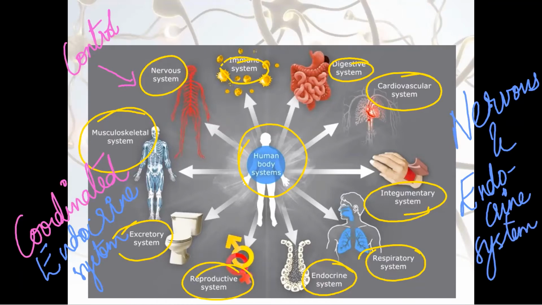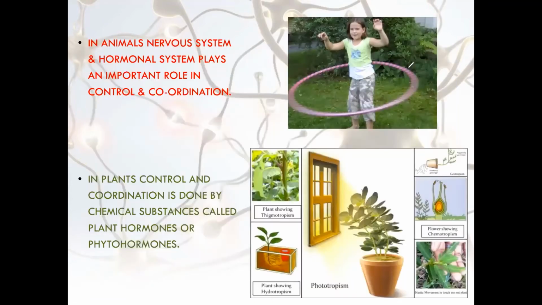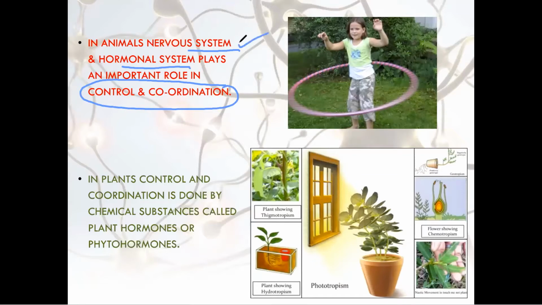Okay, let's see. In animals, the nervous system and the hormonal system play an important role in control and coordination. The nervous system means the brain and all.